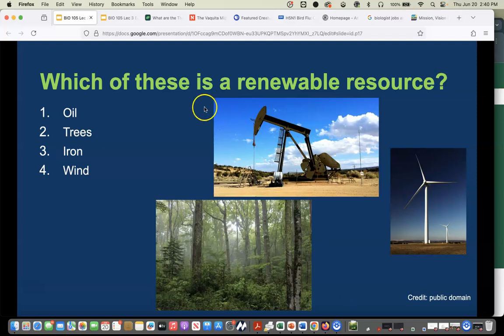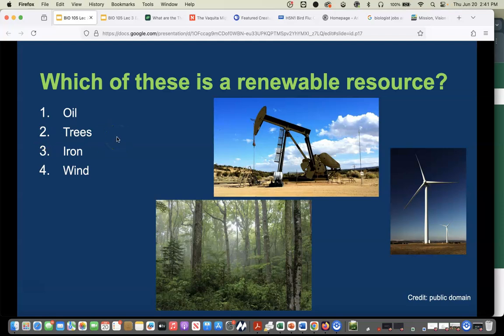Now, which of these is considered to be a renewable resource? Is it oil? Is it trees? Is it iron? Is it wind? If you said trees in this example, you are correct. Trees have the potential to be a renewable resource.